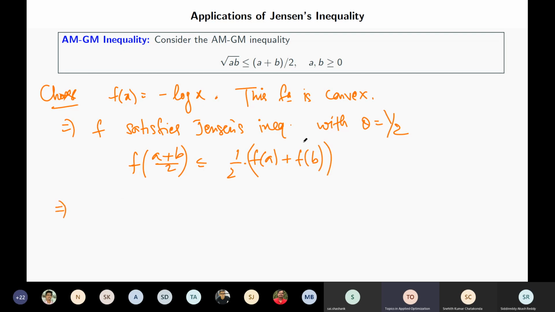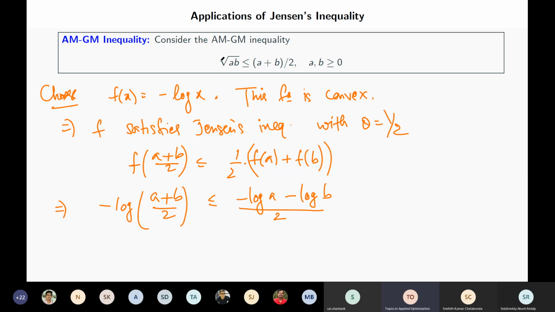The function is convex, and it's continuous, so it satisfies Jensen's inequality with theta equals to half, and that's what we have written here. And then this will be minus log of (a plus b) by 2, and this is less than or equal to (minus log a minus log b) by 2.